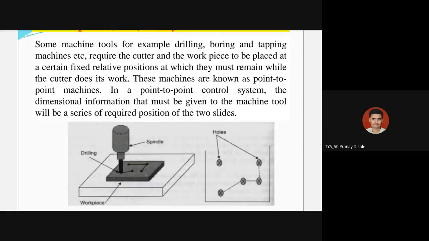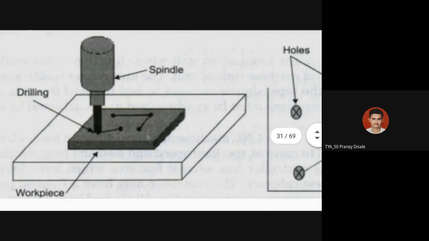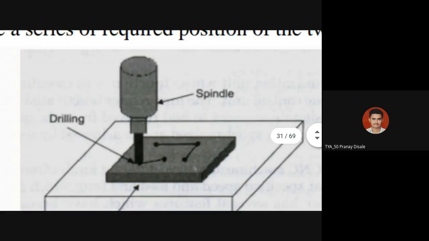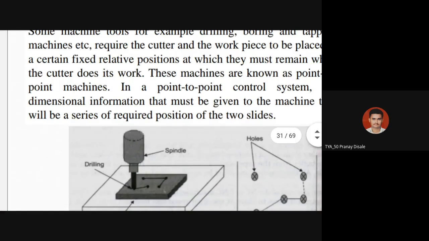This requires the cutter and the workpiece to be placed at certain fixed relative positions. If you see here, the workpiece is stationary, but the spindle and the driver, the tool, is movable. These machines are also known as point to point machines.